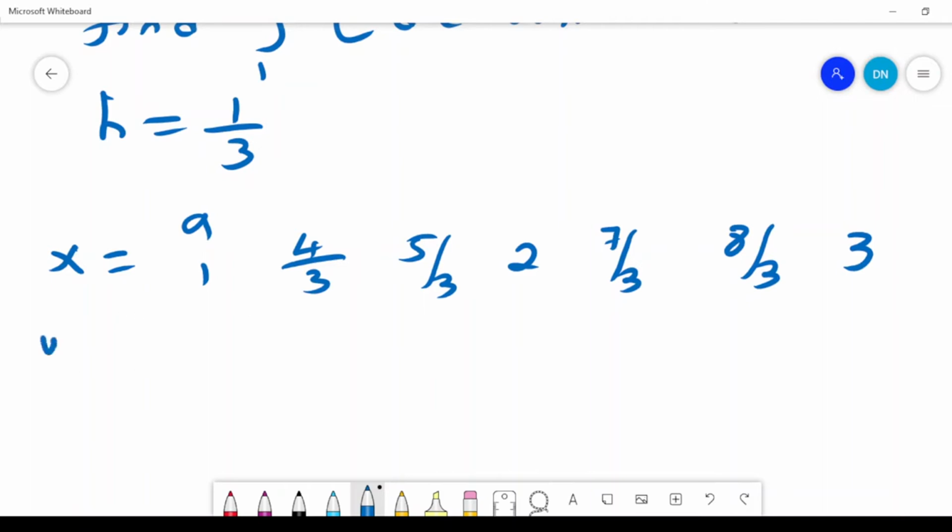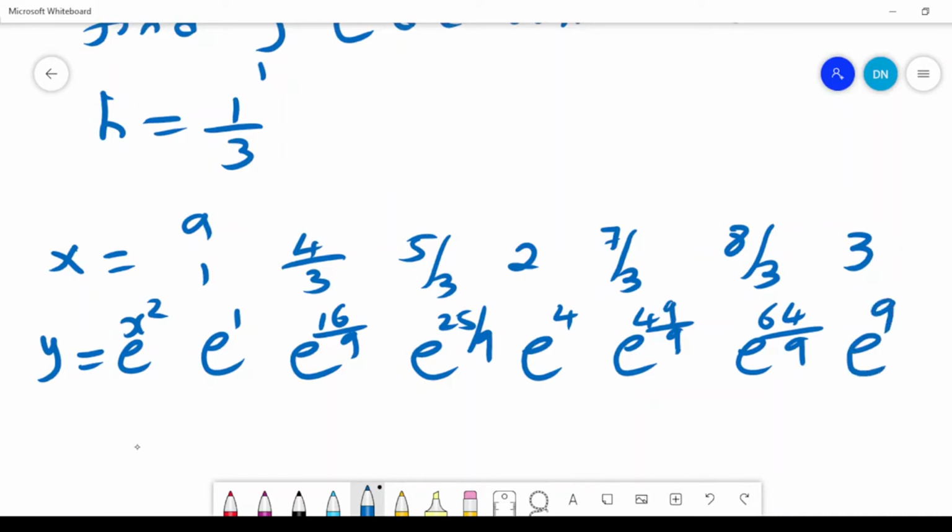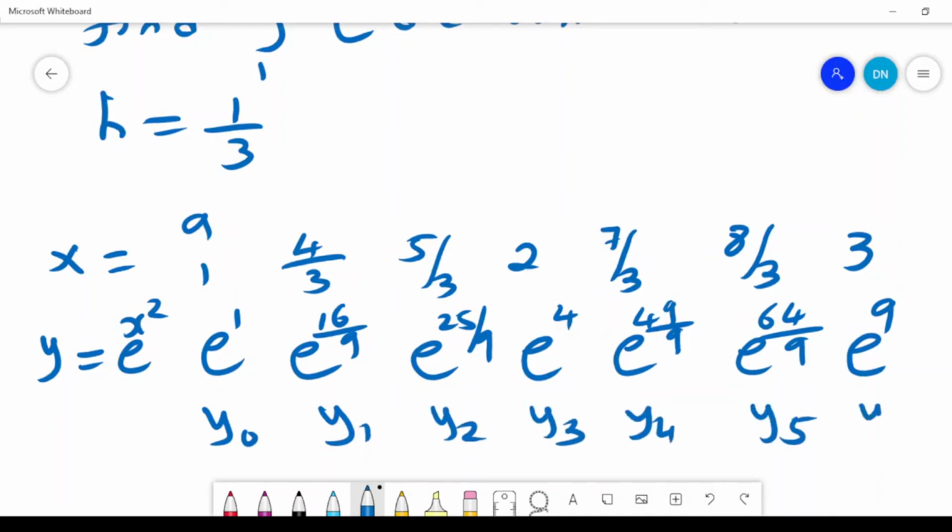And then we have y equal to e to the x squared: e raised to power 1, e raised to power 16 over 9, e raised to power 25 over 9, e raised to power 4, e raised to power 49 over 9, e raised to 64 over 9, and e raised to power 9. And so this is y0, y1, y2, y3, y4, y5, and y6.